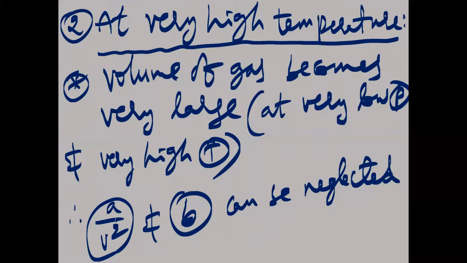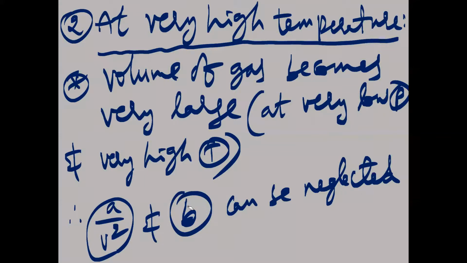Volume is very large. When V is very large, a by V square becomes very small. Also, when the volume of gas is larger, the distance between the gas molecules will be very large, so the attractive forces between the gas molecules will be very less. When attractive force is less, the a value will be less, so the a by V square value will be very less.